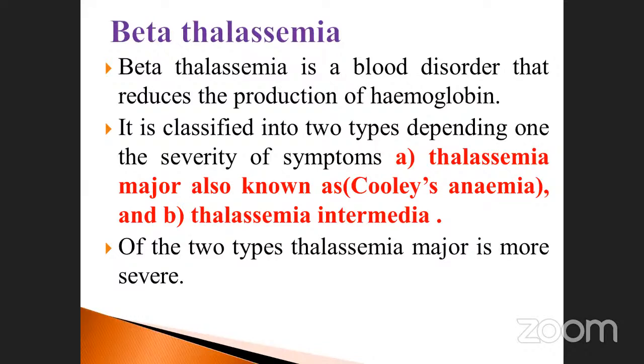The second one is called thalassemia intermedia. Beta thalassemia is divided into two according to the severity of the symptoms. One is thalassemia major, also known as Cooley's anemia, and the other is thalassemia intermedia. Cooley's anemia is also called thalassemia major. You can come to the conclusion like this.